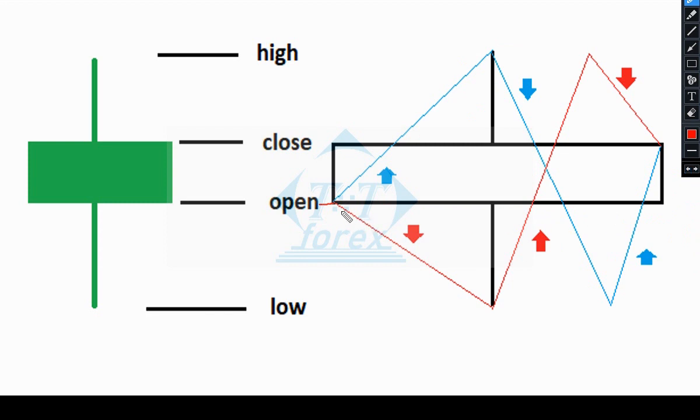Another possible way is that since it went down first, went up and broke this resistance presented by the opening price, then it found some support up there, it came down, it might as well find some support somewhere and then come back to break these previous highs.